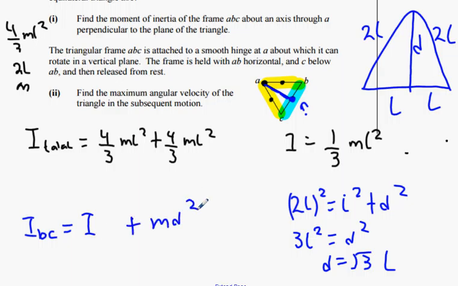Oh sorry, it would usually be D, but I've already used D for something. So it's basically I plus, we'll call it MX squared, where X is the distance, the blue line distance above, in between A to C. I'm going to paint the green now. In those two lengths there is the X value.